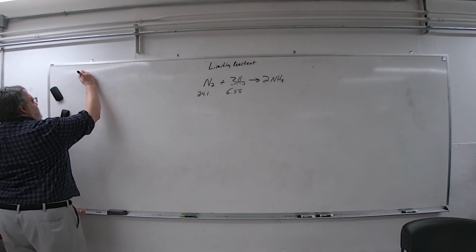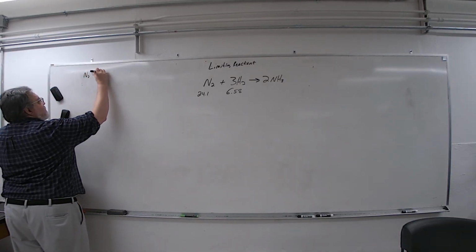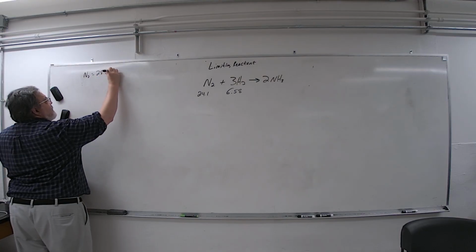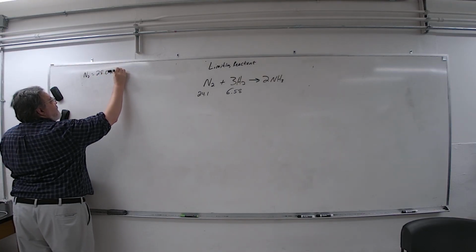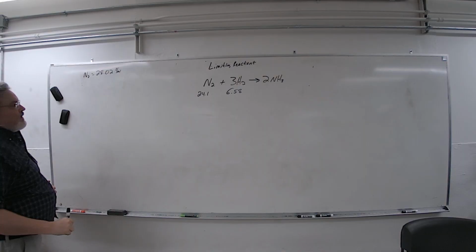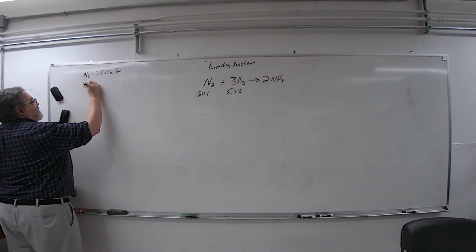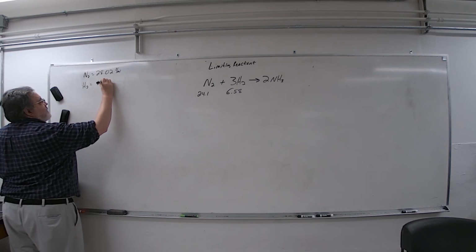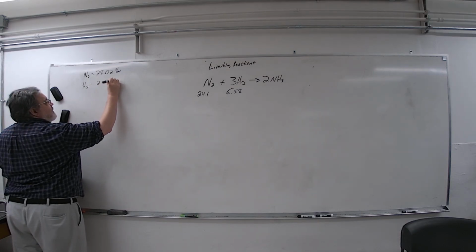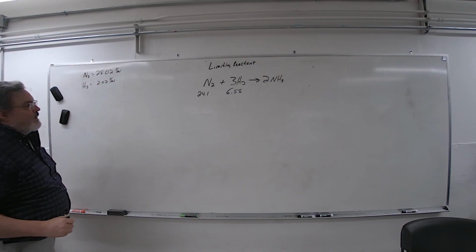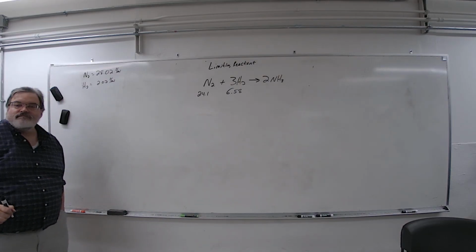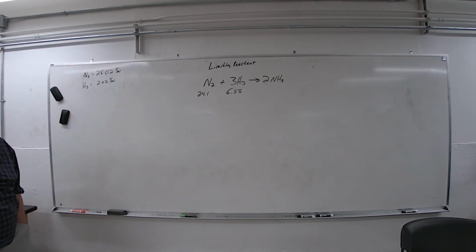All right, N2 is 14.01 times 2, and the 3 H2, so H2, 2.02 grams per mole. All right, and what do we do to start?